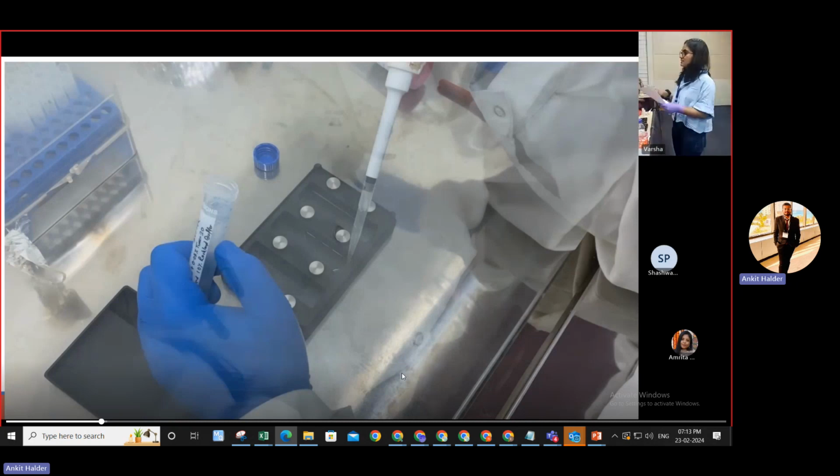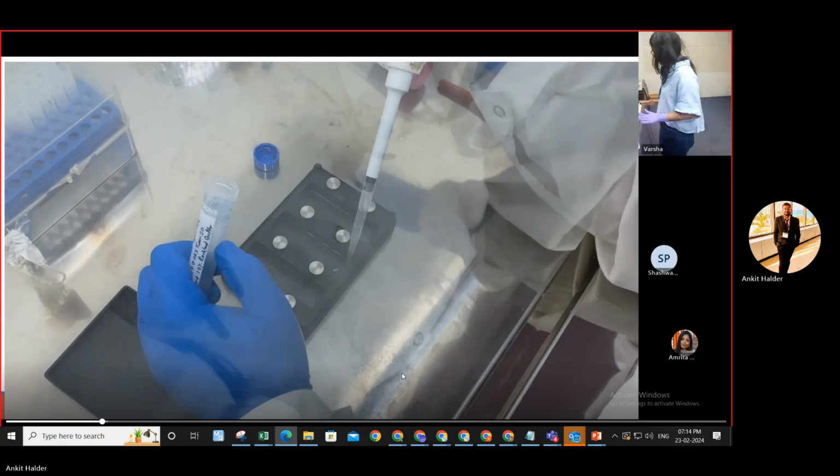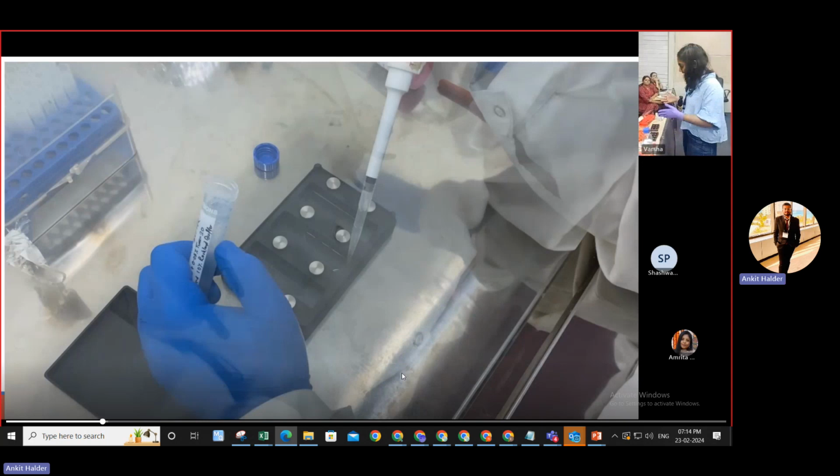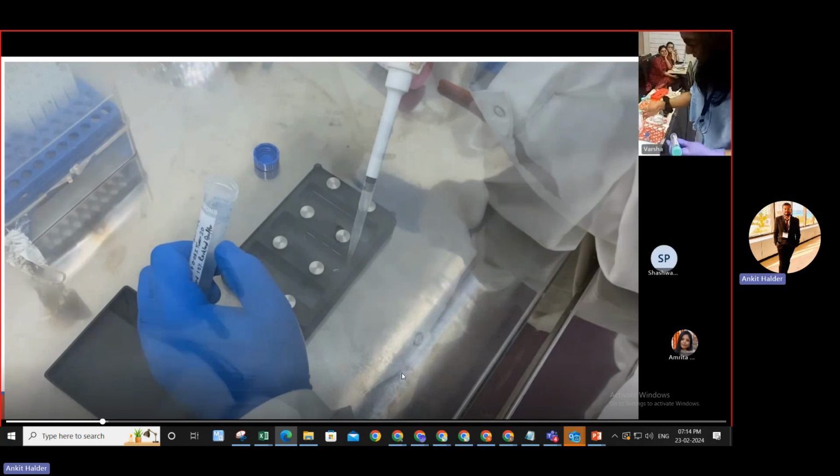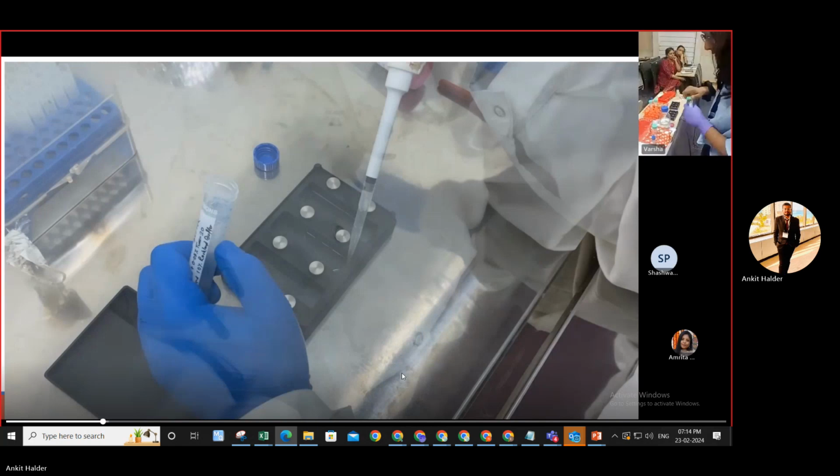Blocking buffer has mostly speed, but including PSA and some protein. So what I do, for the purpose of demonstration, I will add the washing buffer.